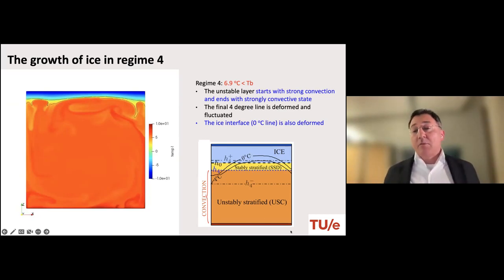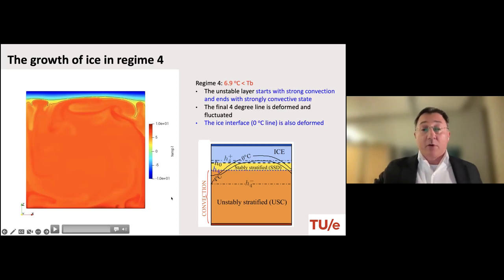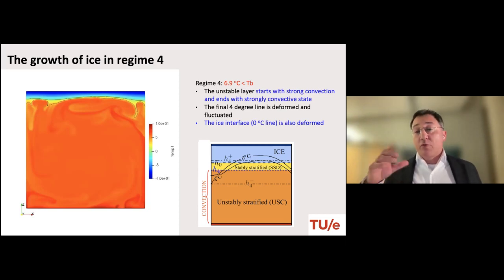So if you have some time dependency on the bottom boundary, you will get a dynamics also of these isothermal lines, and you can have some interesting dynamics, because as I was showing before, you may have a switch between a conductive and a turbulent regime.